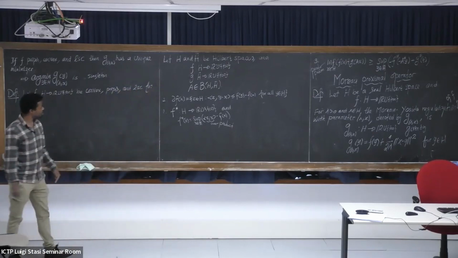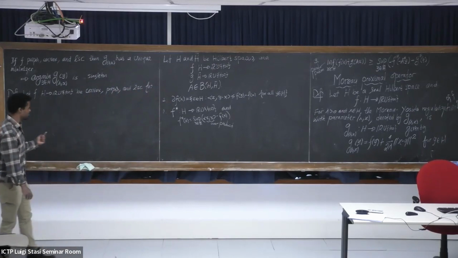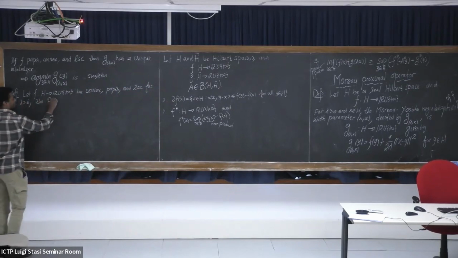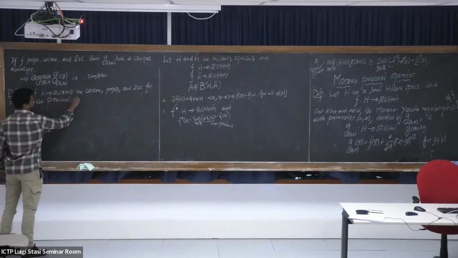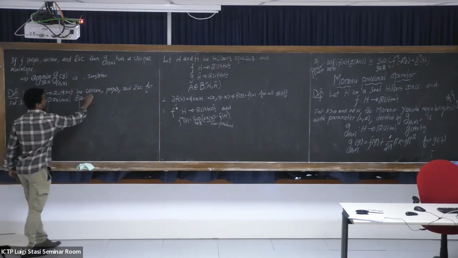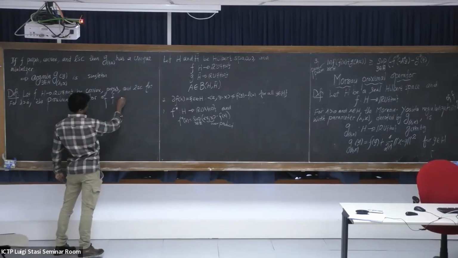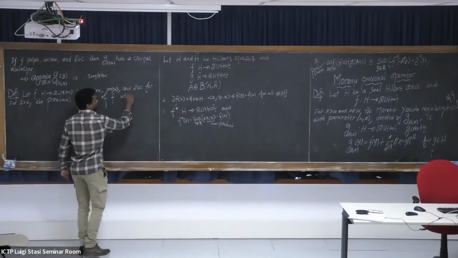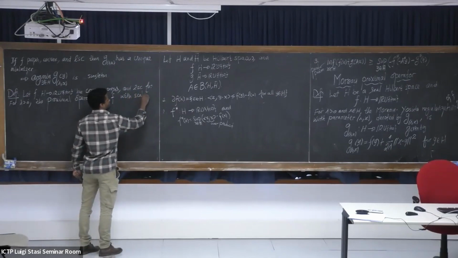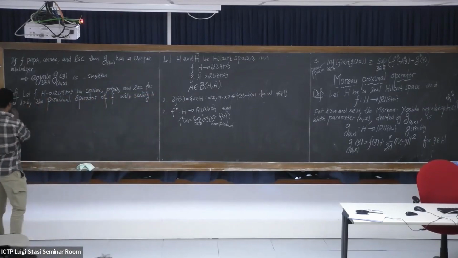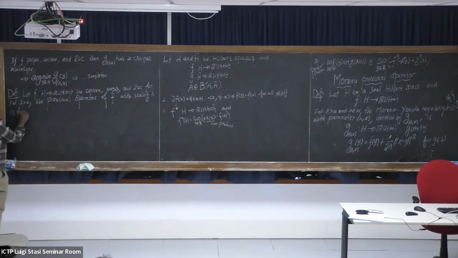Then the proximal operator of the function f with scaling lambda, for lambda greater than 0, is denoted by this one.